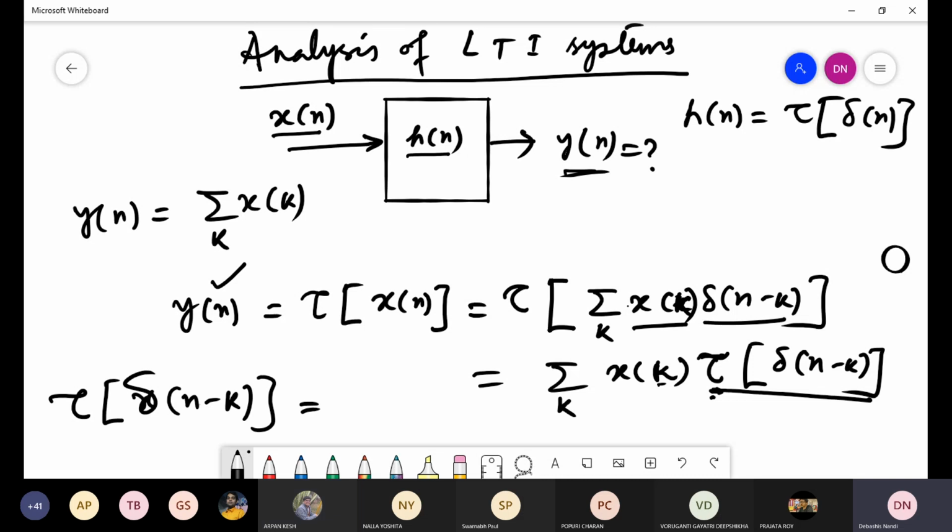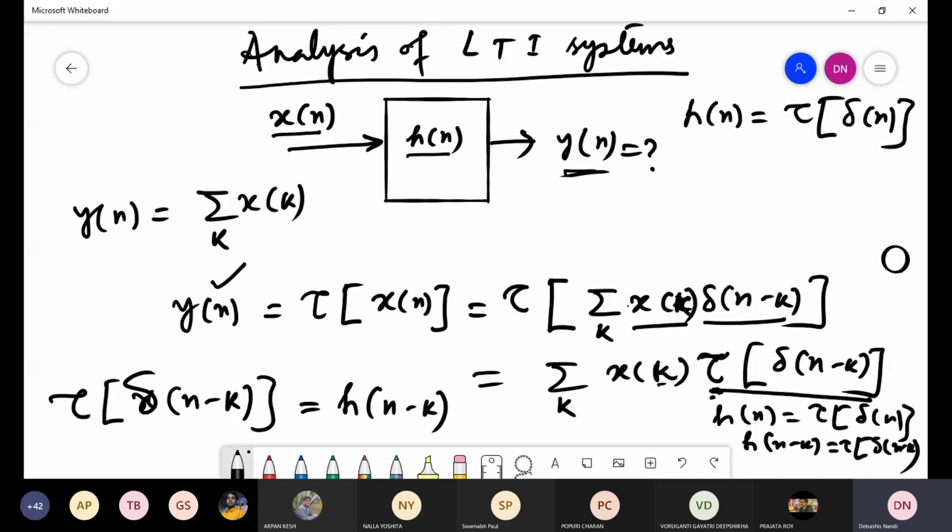This is equal to h n minus k. I have already written this, because we know that h n is equal to the transformation of delta n, and h n minus k is equal to the transformation of delta n minus k. So here you can write h n minus k.